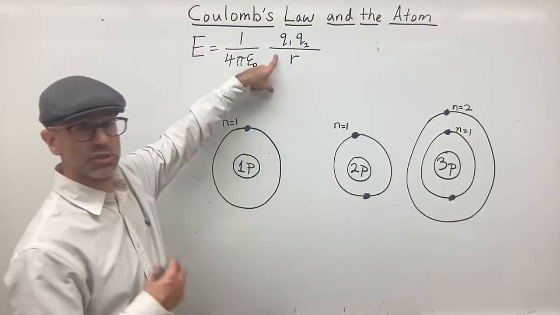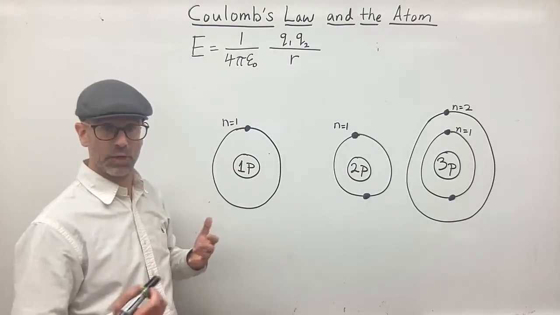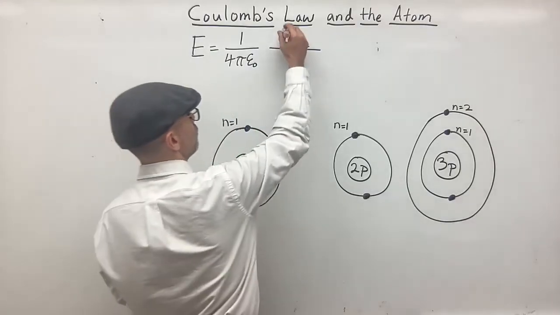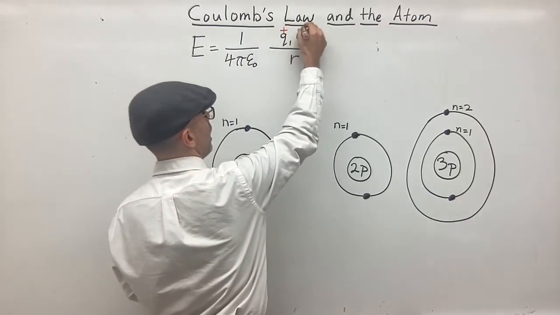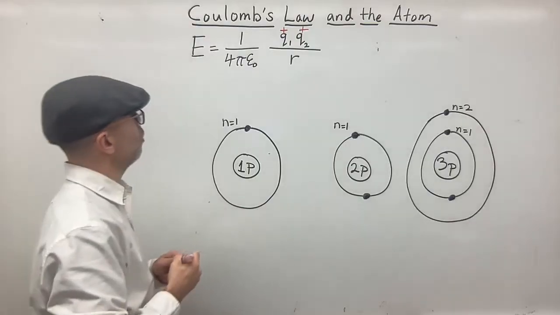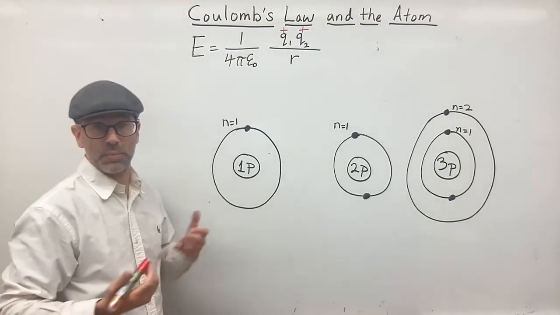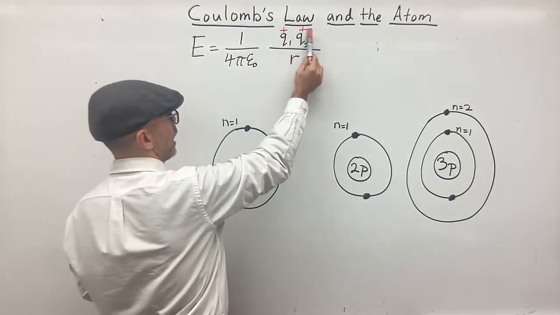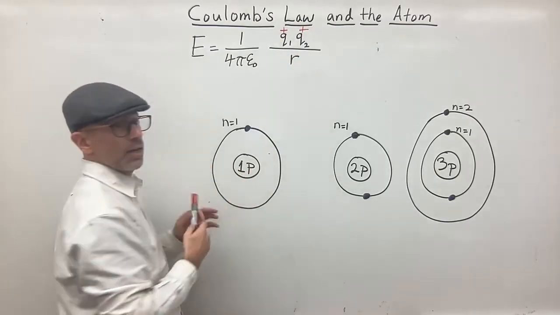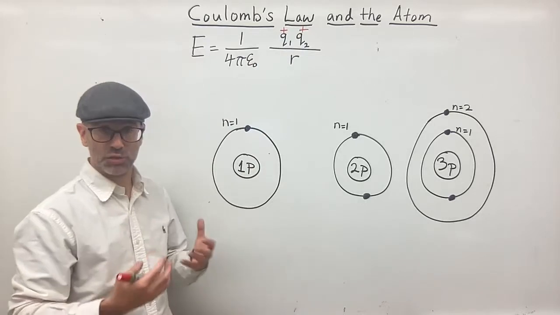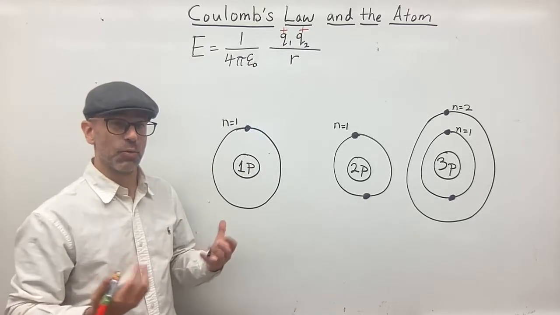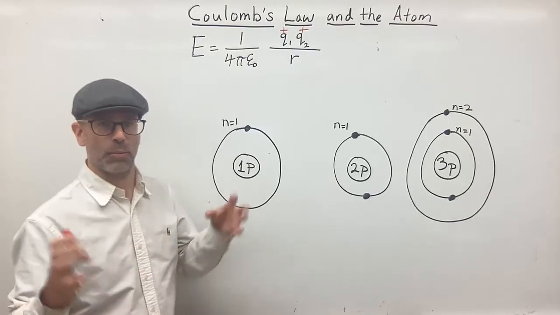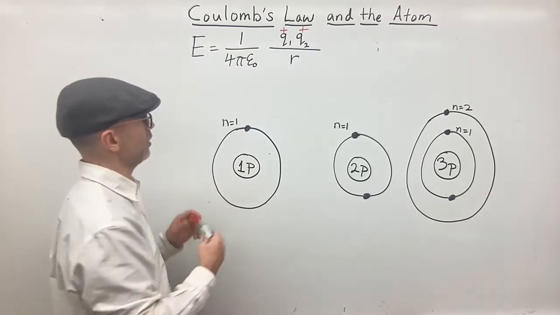So here, let's assume we have like charges. Okay, so I'm going to use a different color. So if we have two plus charges, two positive charges, it could be two negative charges too, but if we have two of the same charge, then we know that like charges repel. They don't really want to be close to each other. So let's imagine for a moment that we're trying to bring them closer together.